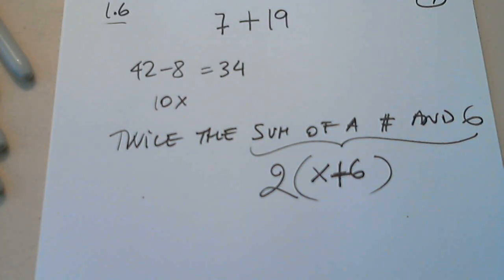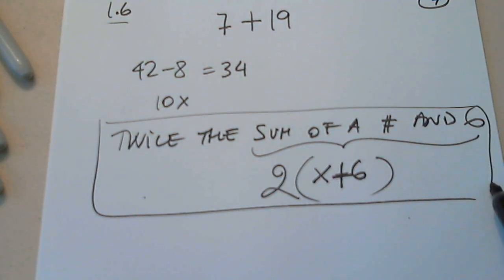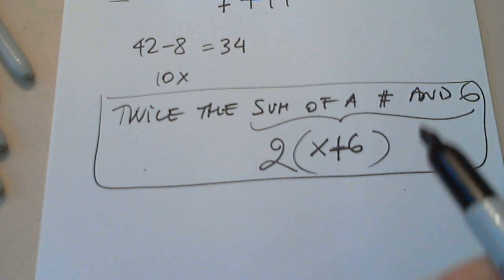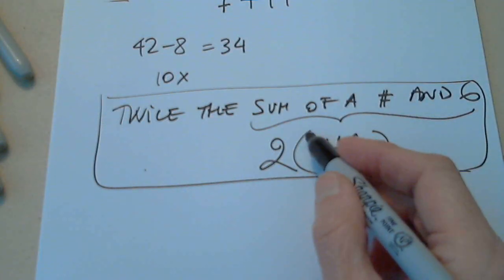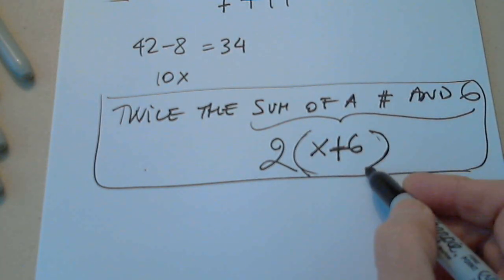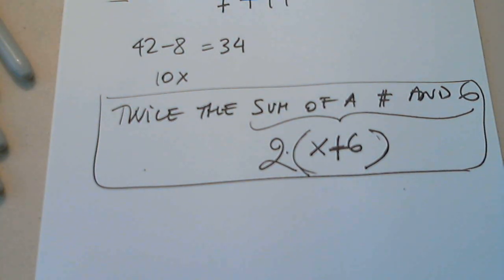So in order to write twice the sum, you have to create the sum first, put it in parentheses, and then twice that. Okay, any questions?